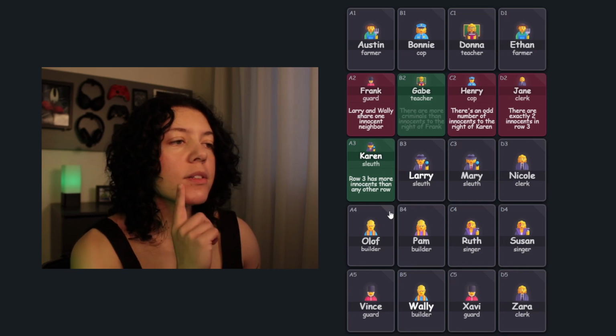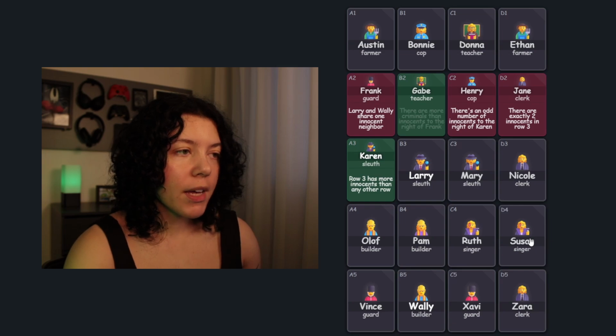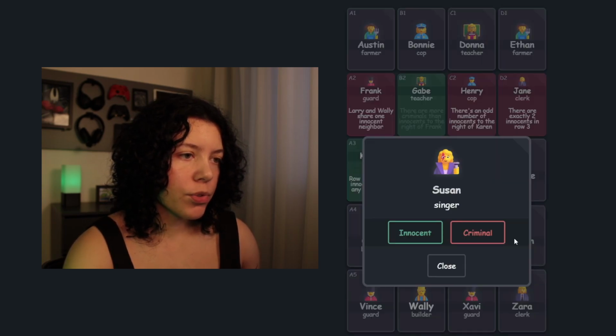But what's interesting is that tells us that there's 1 innocent here. So Susan cannot be an innocent, because that will make it so row 4 has 2 innocents, and we just established that no rows other than row 3 can have 2 innocents or more. So Susan is a criminal.